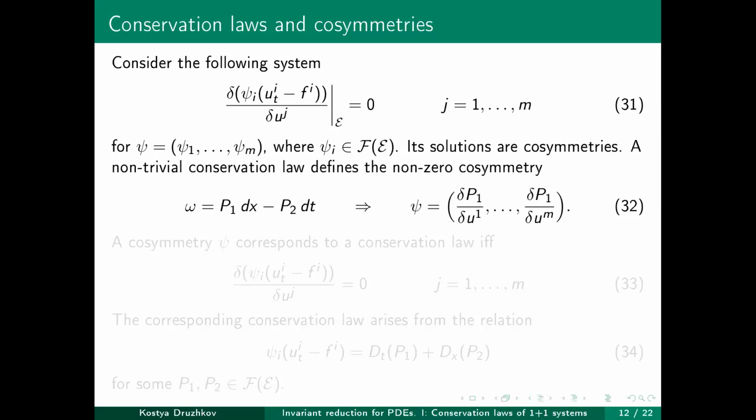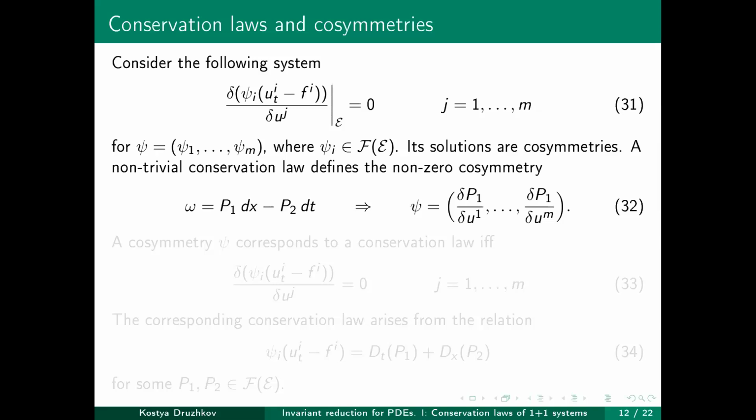Here, psi is a vector function given by its components psi_1, etc., psi_m, which are functions on the equation epsilon. Solutions of equation 31 are cosymmetries. A non-trivial conservation law defines a non-zero cosymmetry given by formula 32.